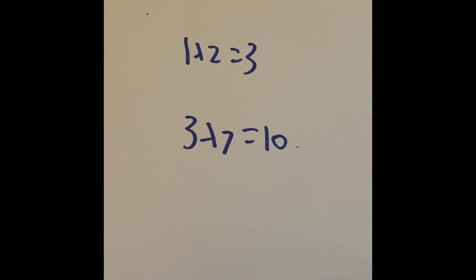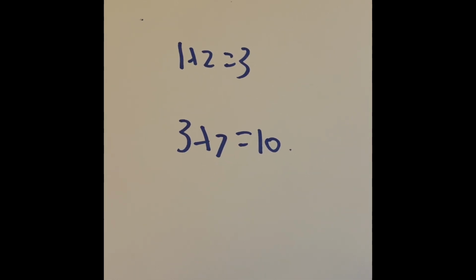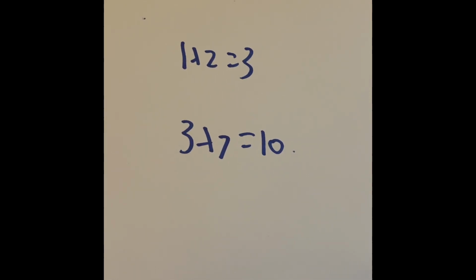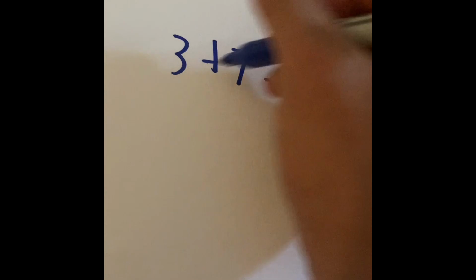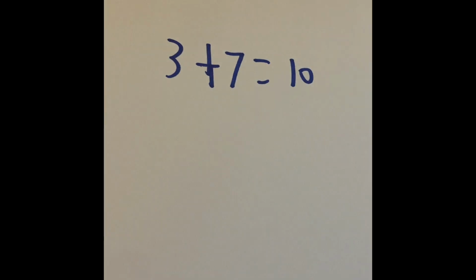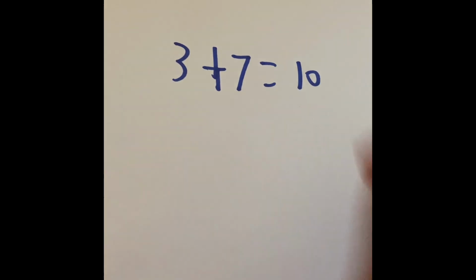But what happens if math is all about finding the right answer, coming up with new ideas, and also trying to analyze and figure things out? Assuming that we wrote the problem 3 plus 7 equals 10. Imagine if you never realized that the 7 was there in the first place.